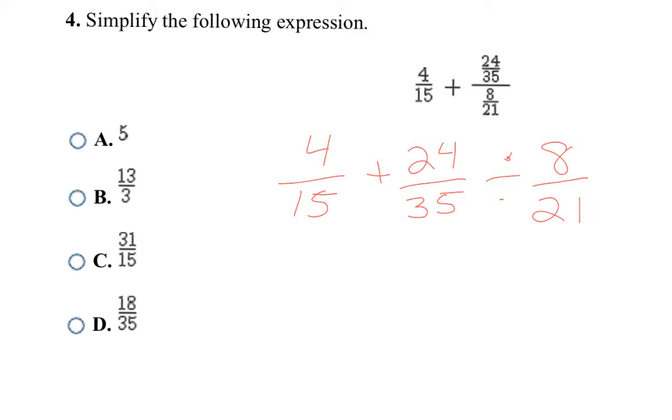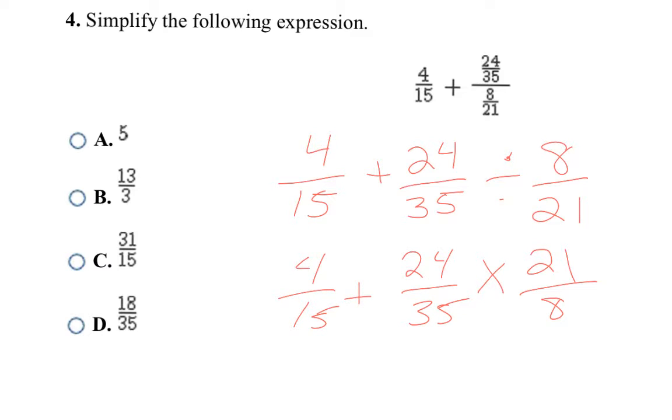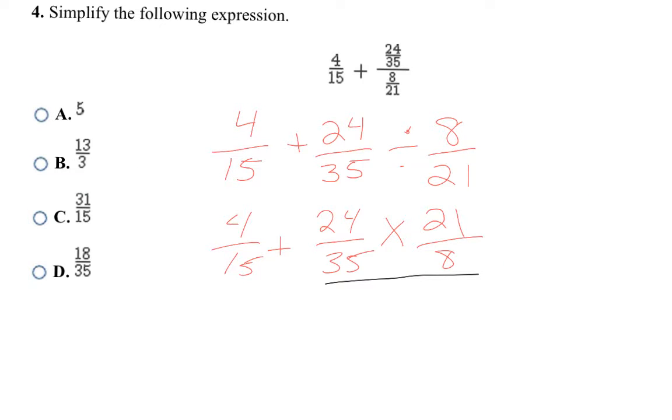So remember that when you're dividing fractions, it becomes multiplication, and you have to invert or flip the second fraction. And everything else is going to stay the same. And I'm going to go ahead and do that multiplication. So I'm looking at multiplying these two fractions.